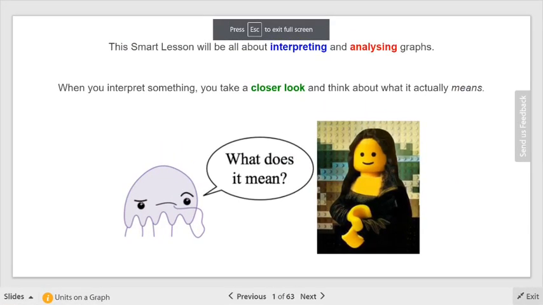Okay. So today we're going to talk about interpreting and analyzing graphs. What does it mean to interpret something? What's the most common thing that you interpret? Think of something you interpret. So you interpret what you're seeing like in a piece of art or video?